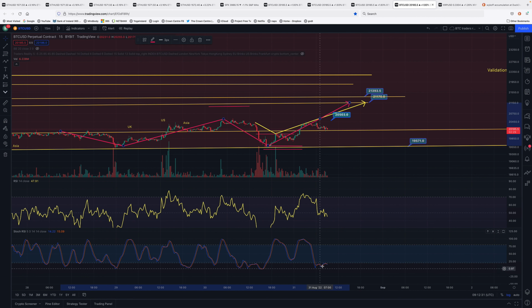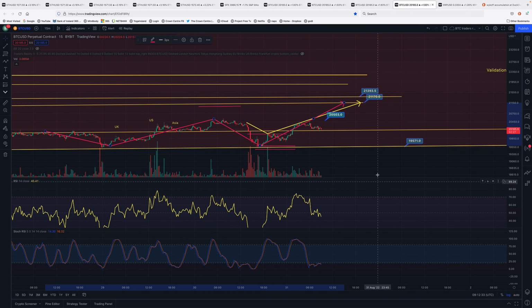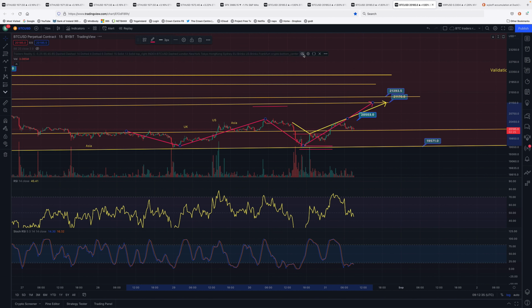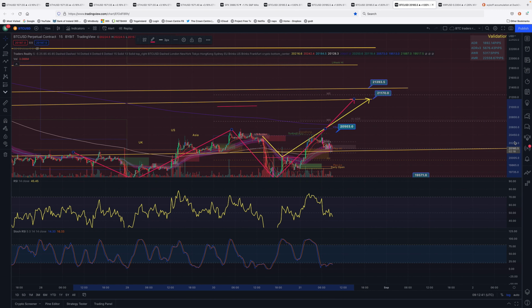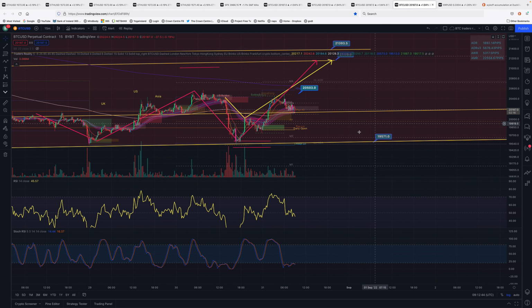I think the 15-minute stochastic is floored, so it needs to make a little bit of a recovery. What I find absolutely unbelievable is this long-term support and resistance line that I've been using for weeks.